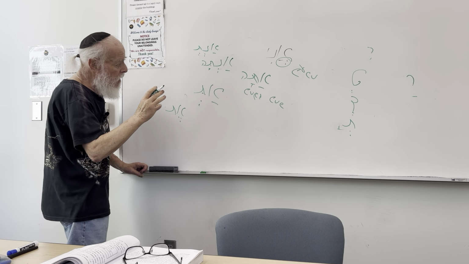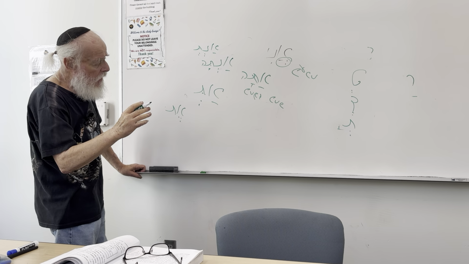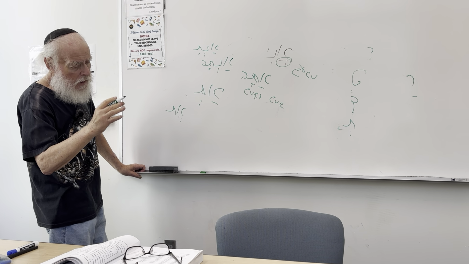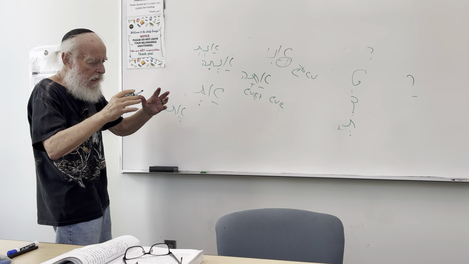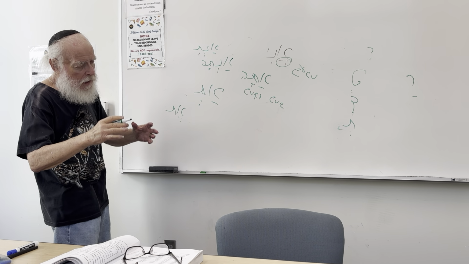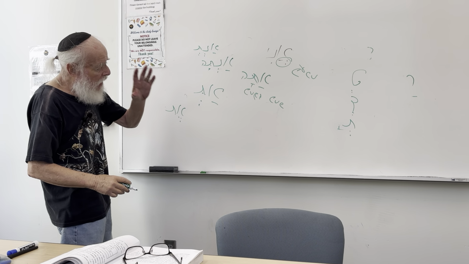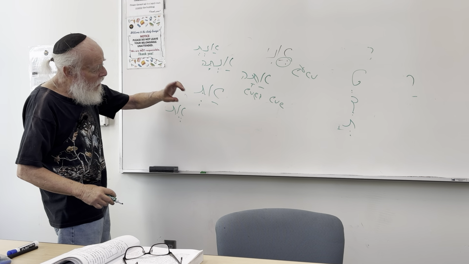In other words, the words ata and at, quote unquote, are not originally Hebrew. They come from a Canaanite language, as we call it, the Ugaritic language. And if that's so, then watch what happens.